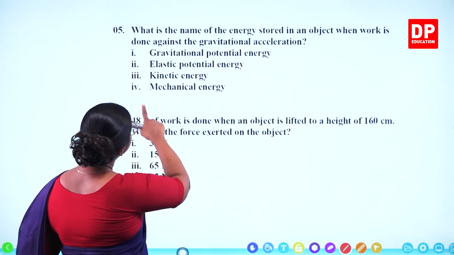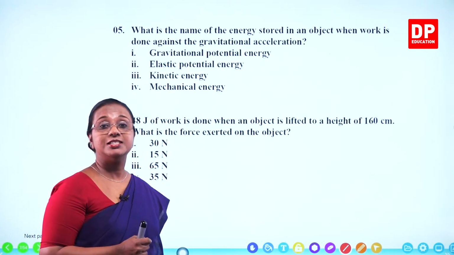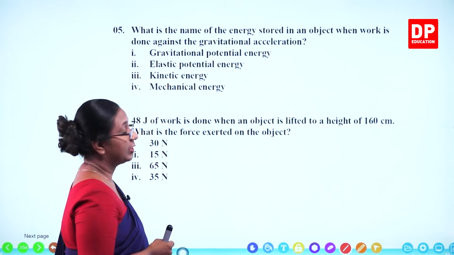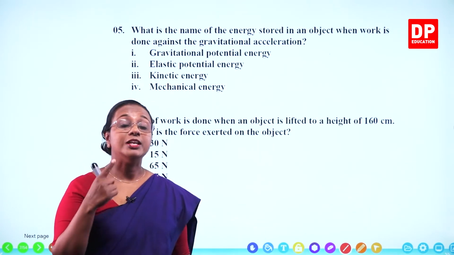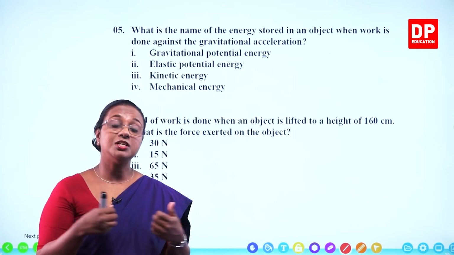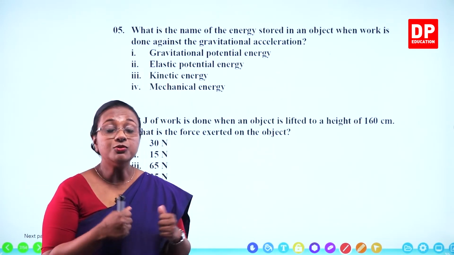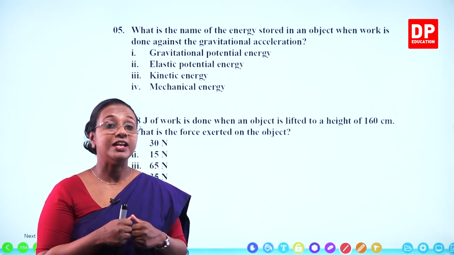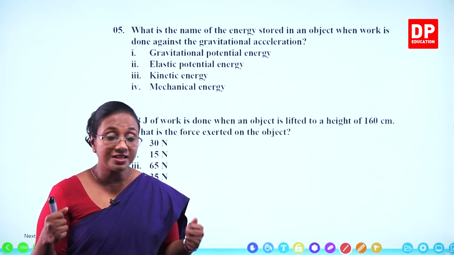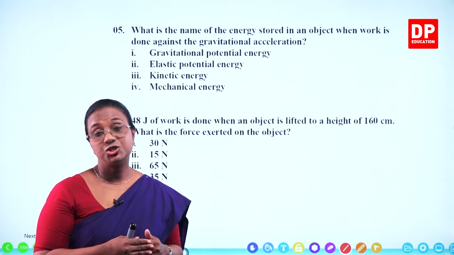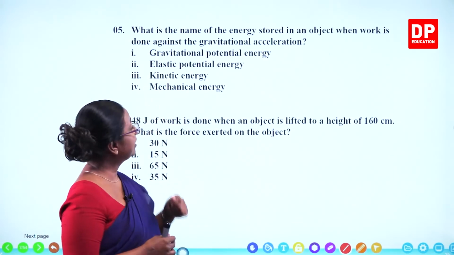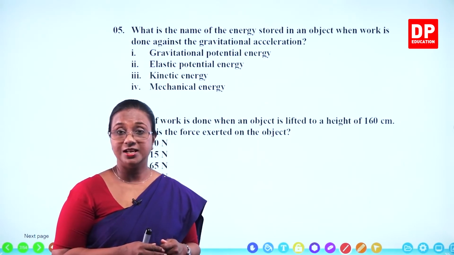If we look at the answers, gravitational potential energy, correct. Elastic potential energy, what is that? When you have a spring, if you stretch it, spring, rubber band, elastic, due to that elasticity, when the elastic substance stretches, there is potential energy stored. That is what we call elastic potential energy.